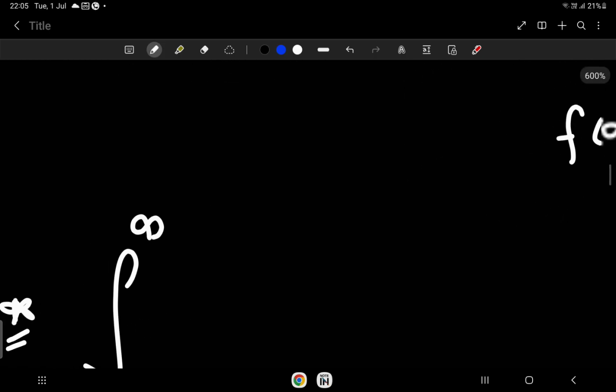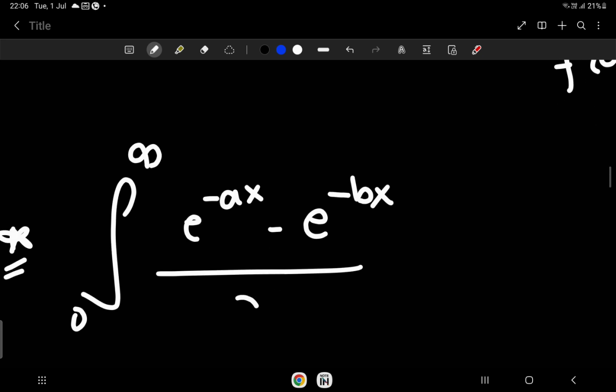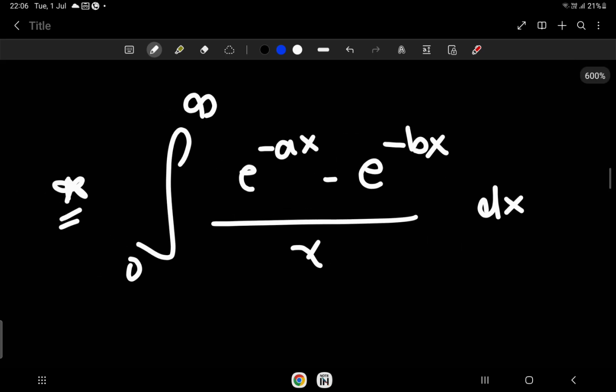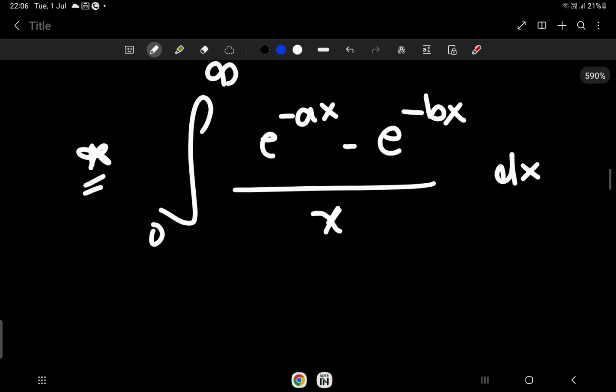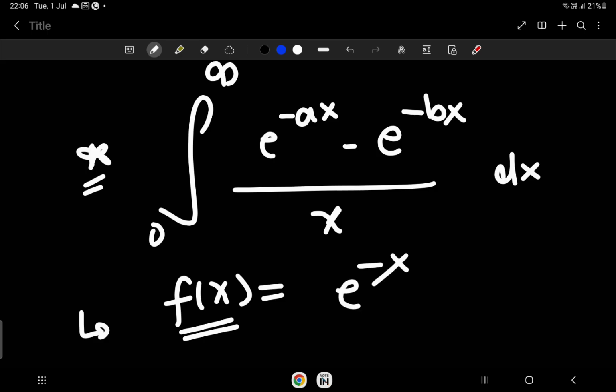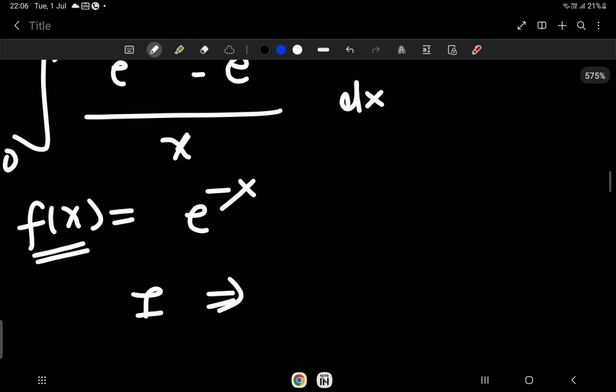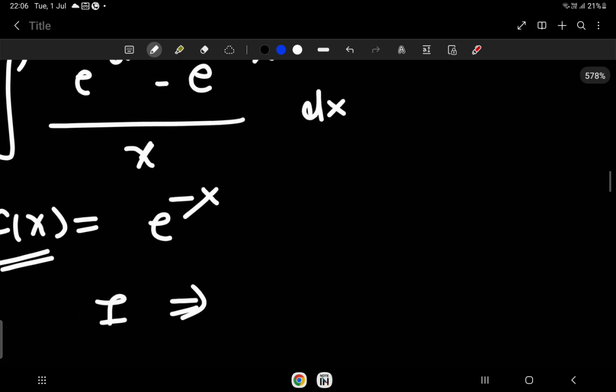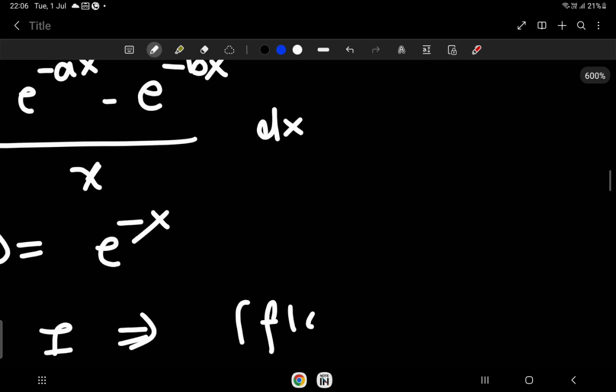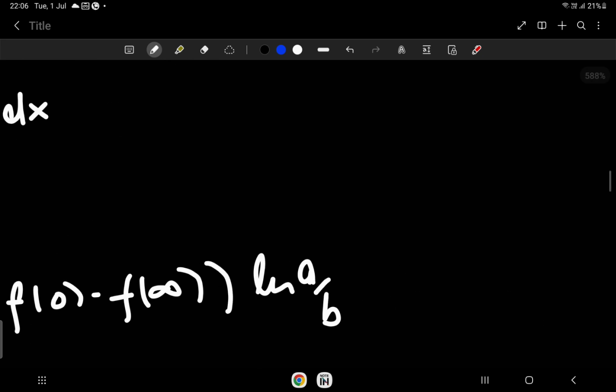Let's look at another one. I was going to give it first, but this integration is also directly Frullani's form, and f(x) is e to the power of minus x. So this integration is nothing but (f of 0 minus f of infinity) ln a by b.